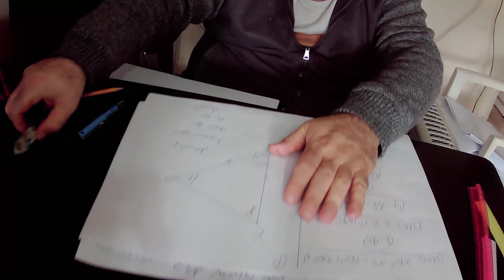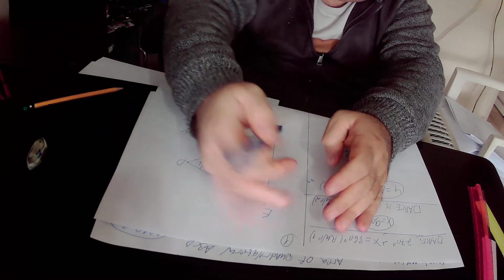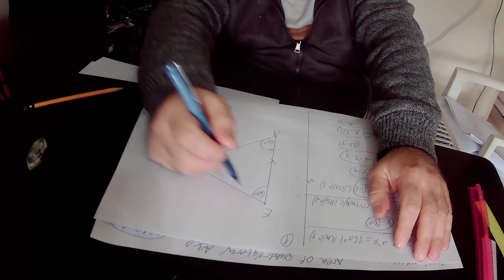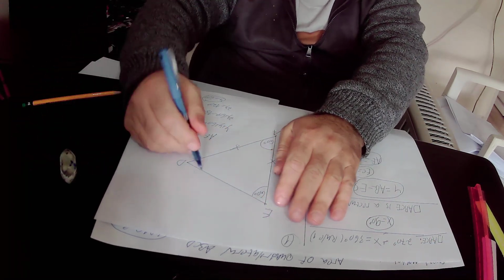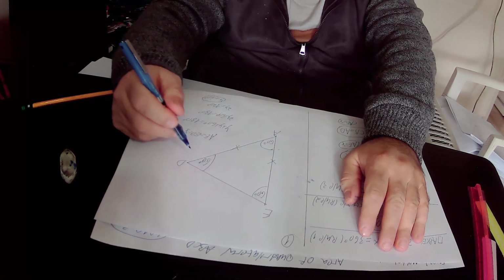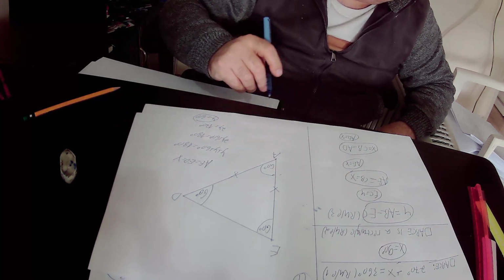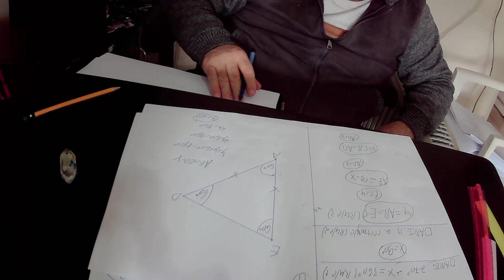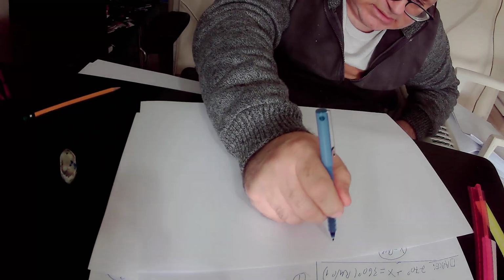So we found out that angle y equals 60 degrees. So this angle equals 60 degrees, and this angle also equals 60 degrees. So actually we found out that triangle AED is an equilateral triangle. I write it here. Triangle AED is an equilateral triangle.